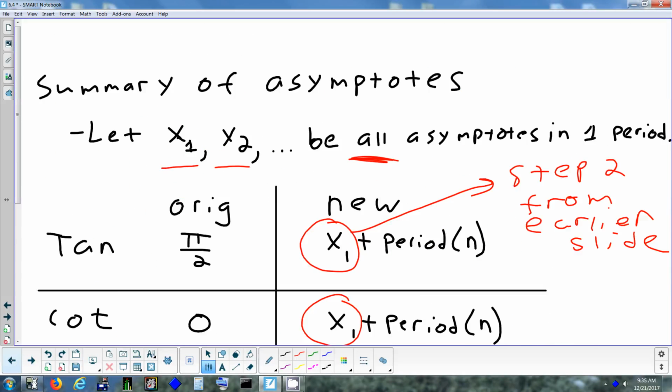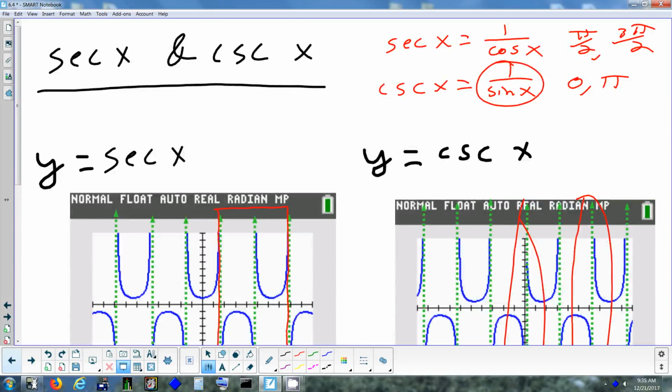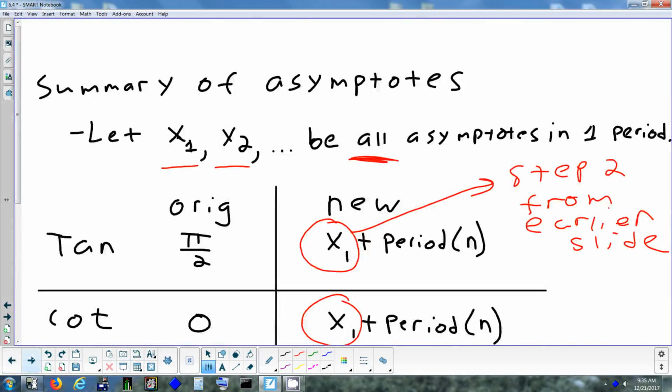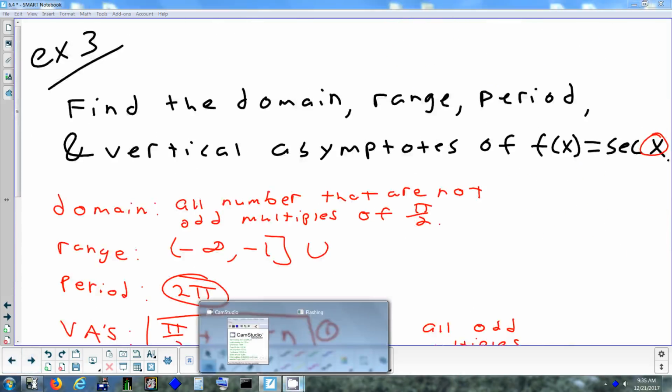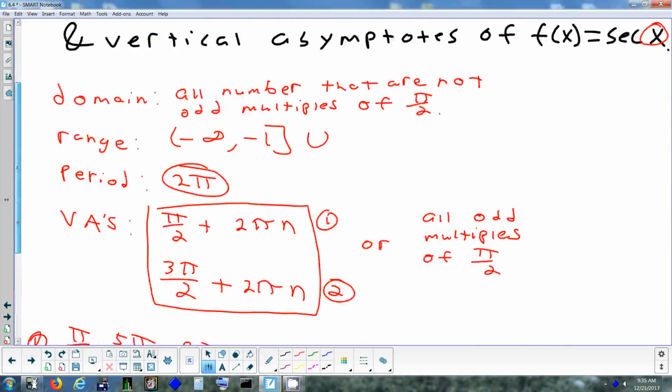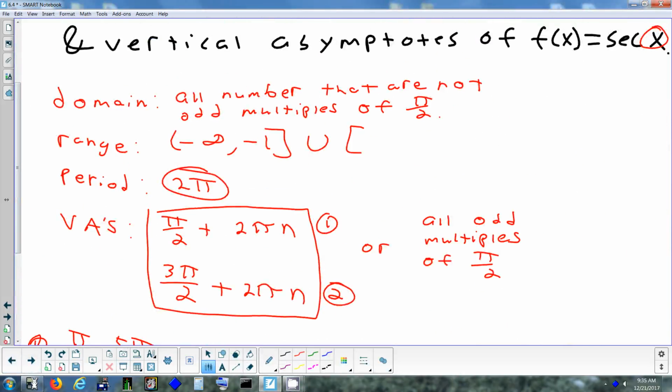Or then where does it pick up again from there? Megan? Yep, 1 to infinity. Yep. So we go from 1 up to infinity. So let's go 1 to infinity. Including or not including? Including. Yep.